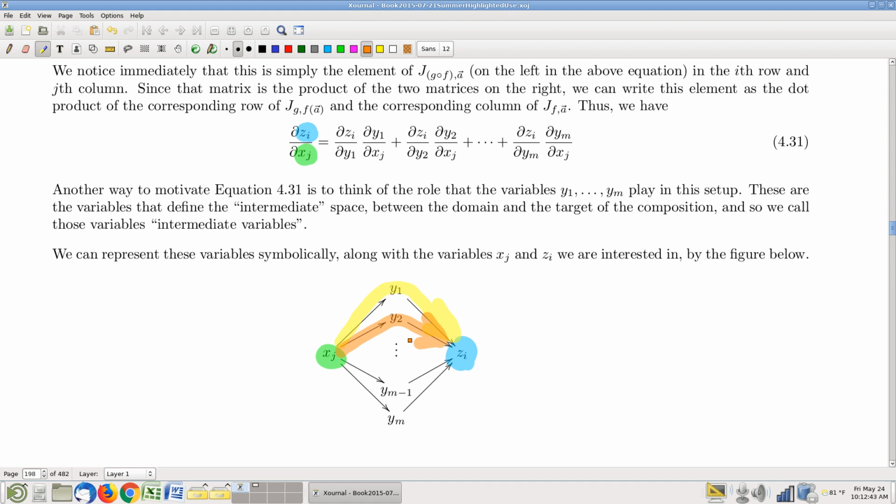So when you make that change to xj that causes y1 to change, which causes zi to change, at the same time, there's also going to be a little propagation, a little wave, what have you. As xj changes, y2 will change, and that y2 also will contribute to a change in zi.